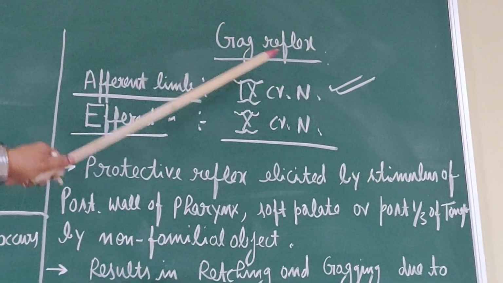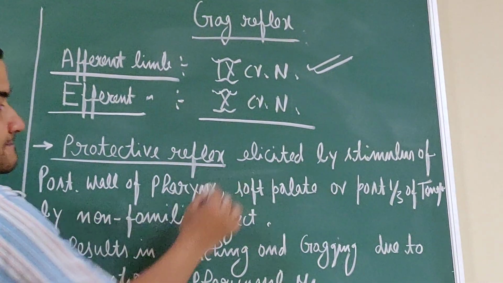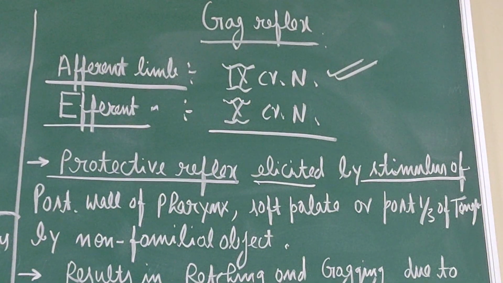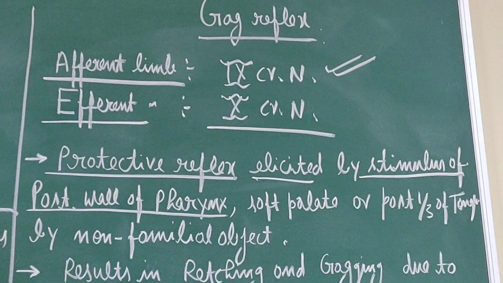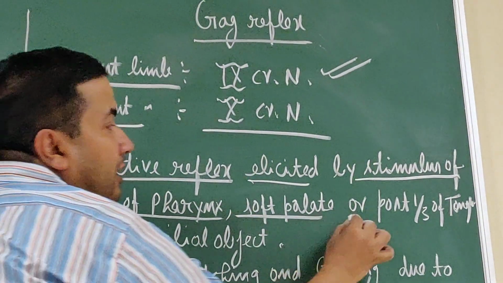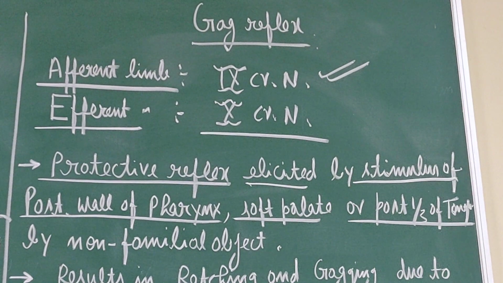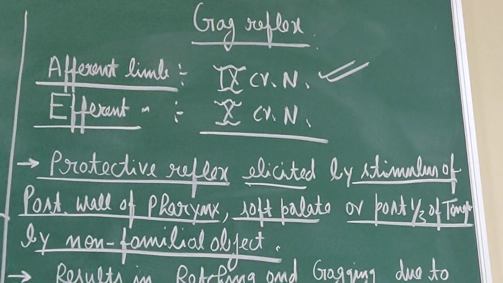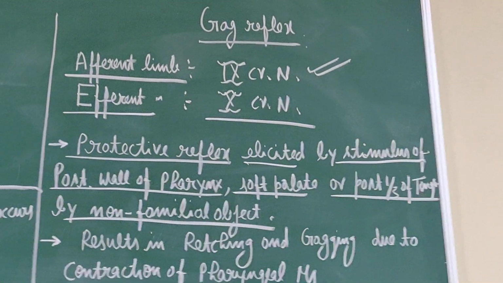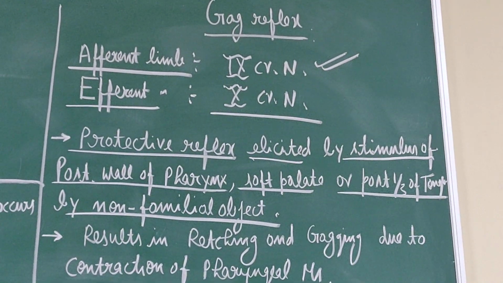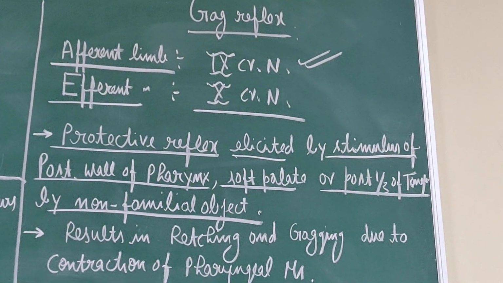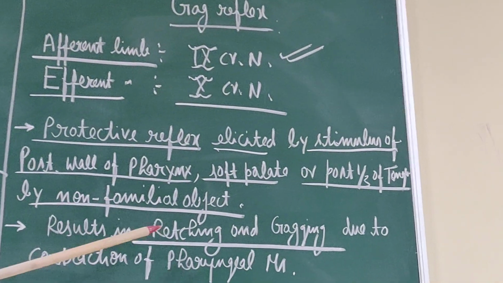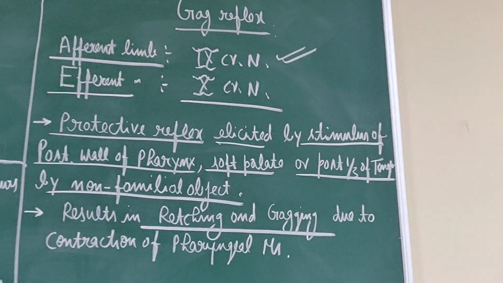Now what is this gag reflex? It is a protective reflex, and it is elicited by stimulation of either the posterior wall of the pharynx, the soft palate, or the posterior 1/3 of the tongue. When any of these structures is stimulated by an unfamiliar object, cotton or a gauze piece, the person starts retching and gagging.